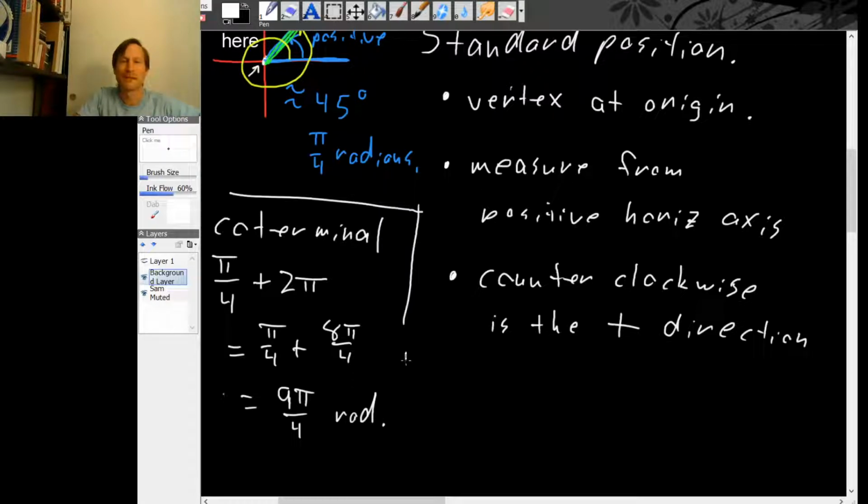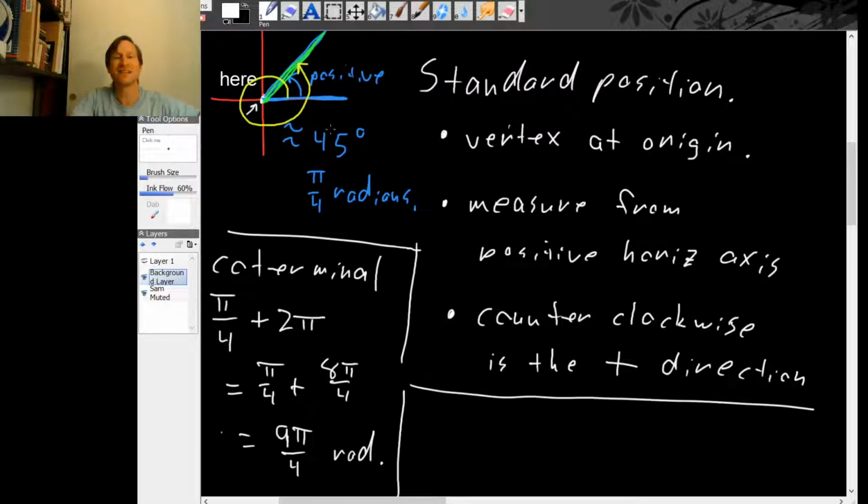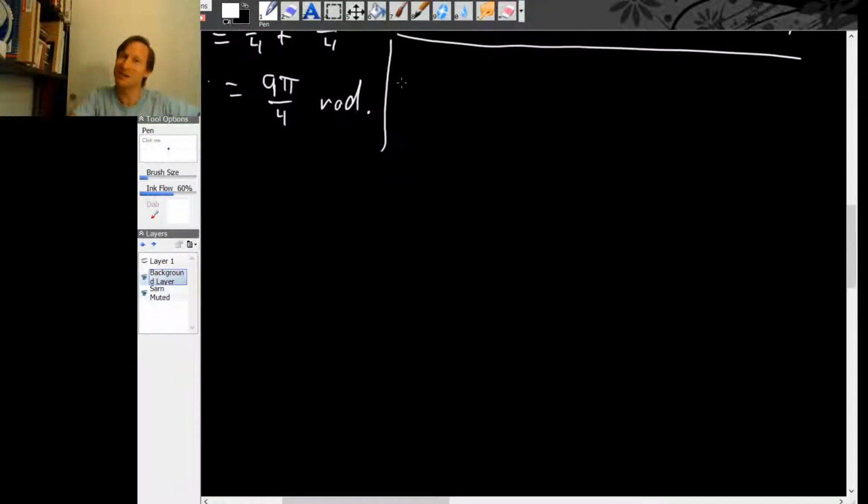Okay. So every ending position for an angle actually has infinitely many coterminal angles that end at that same spot. You could go around once or twice or 3 times, as many times as you want. So there are lots of angles that all end in the same spot. In fact, you could get to this spot not just by going counterclockwise, but also by going clockwise.